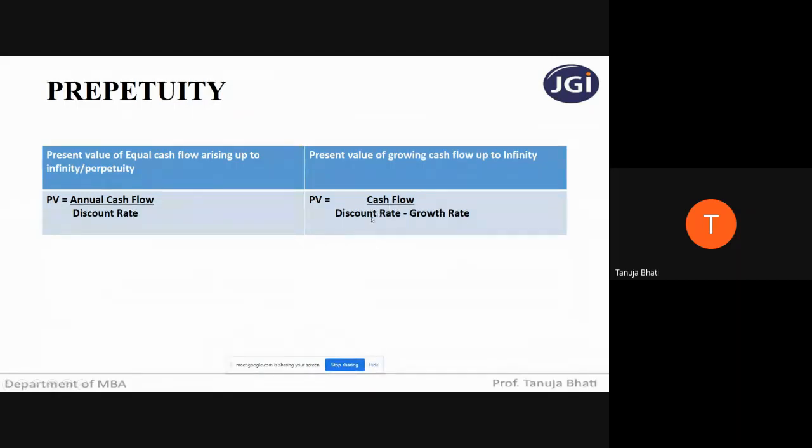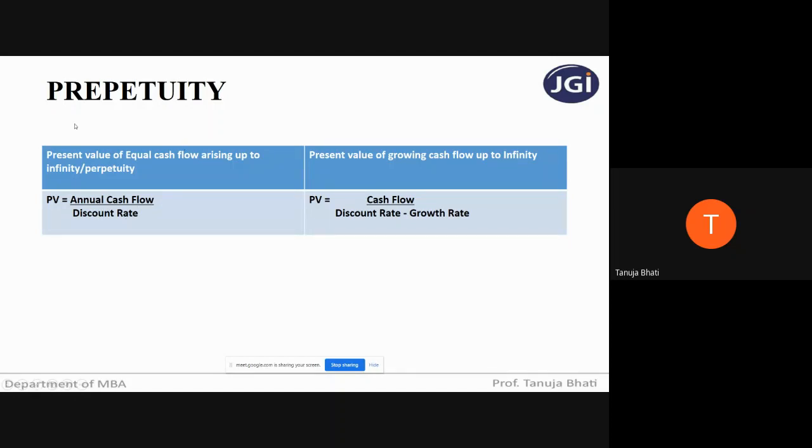So the difference between the two formulas is you're just subtracting the growth rate from the discount rate where there is growth. And if there is no growth in the cash flows, if the cash flows are the same, then you need not consider growth rate and just consider annual cash flow divided by discount rate.